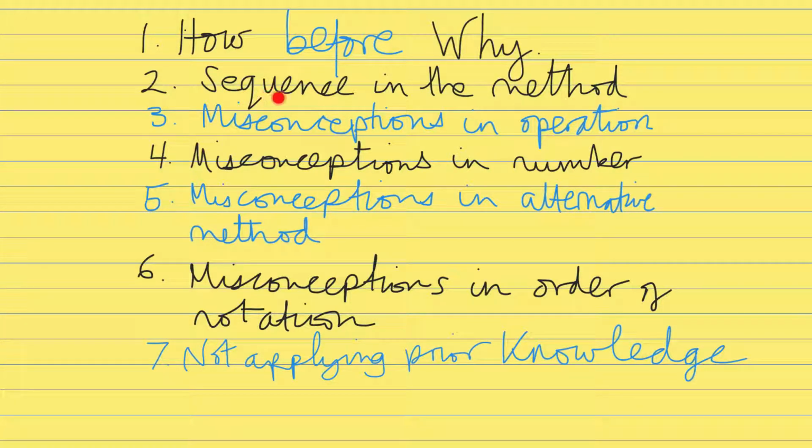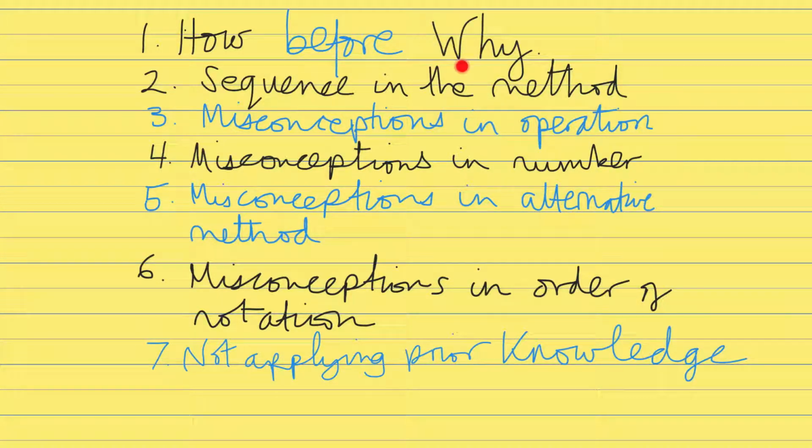So I'm going to show you a series of activities which of course you might change, noticing my lack of maths teaching. Sequencing the method will be one way to use an explicit model. Then the rest are about misconceptions, not about the sequence here. So this misconception will be in the operation required, misconception in what the numbers mean, misconception about alternative methods, so students don't realise why one method is actually giving the same result as another method.